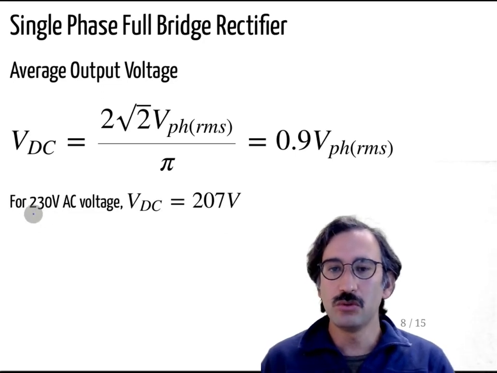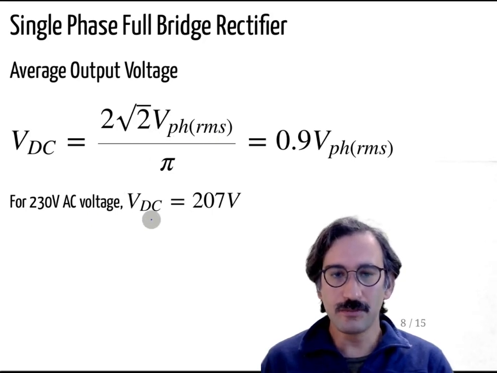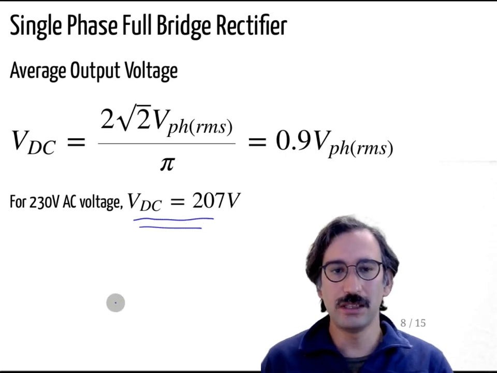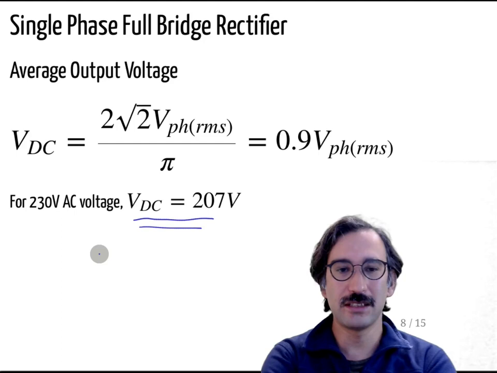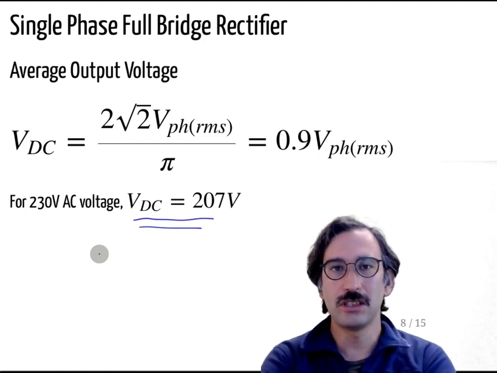If you have a 230 volts AC voltage, the RMS is 230 volts, so the DC voltage will be 207 volts. That will be the output of a diode rectifier if you filter it with capacitors and that kind of thing. So you will convert to the average voltage, which will be 207 volts.